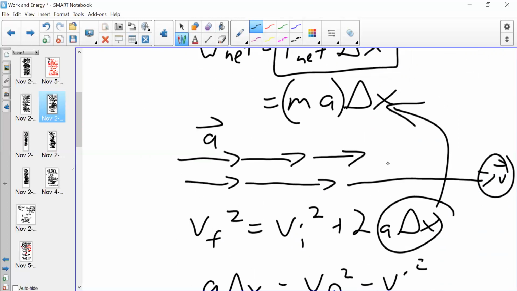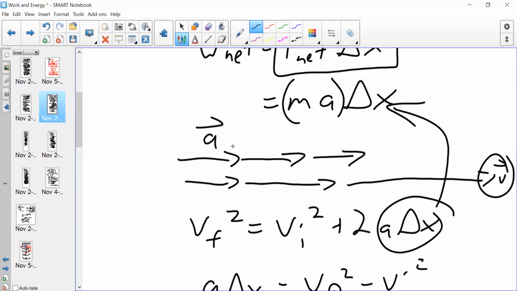We can simplify this expression, a delta x, in terms of a kinematics equation. Why would we go to kinematics in this sense? Well, we are changing its velocity from something initial. Let's say that the initial velocity was 0, the box was at rest, and I start pulling it to some final velocity under a constant net force.